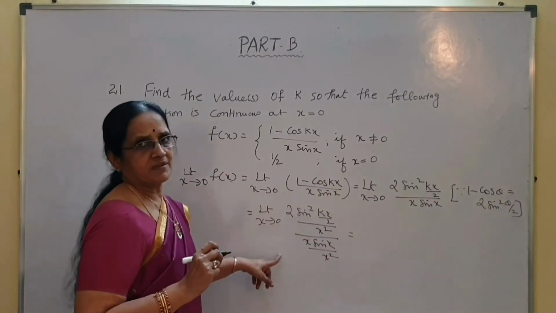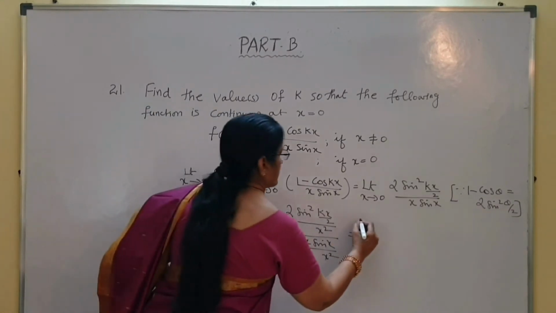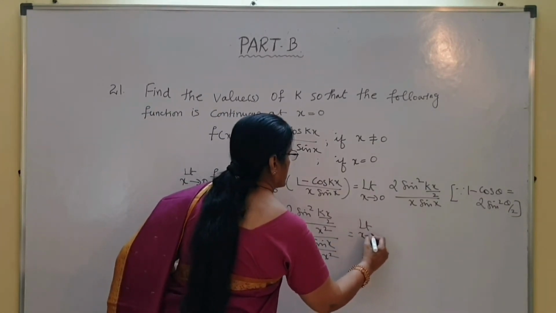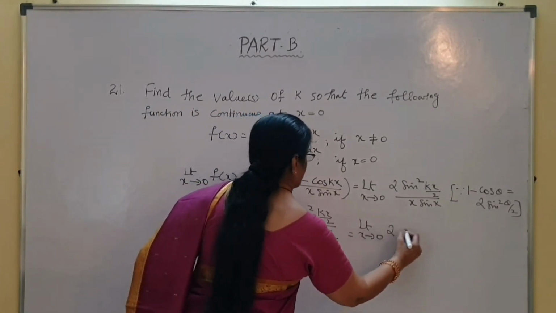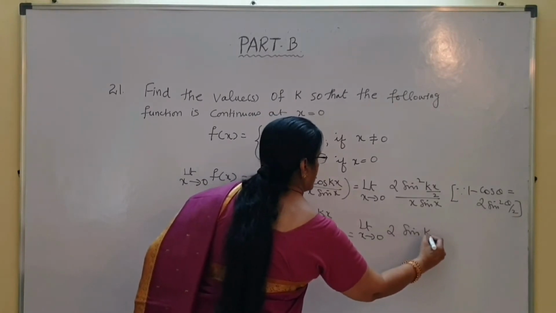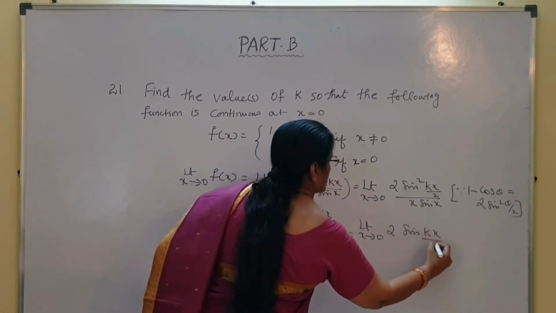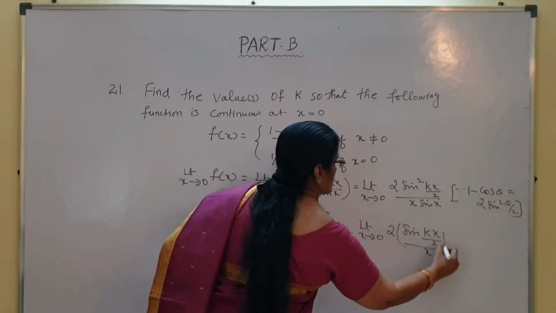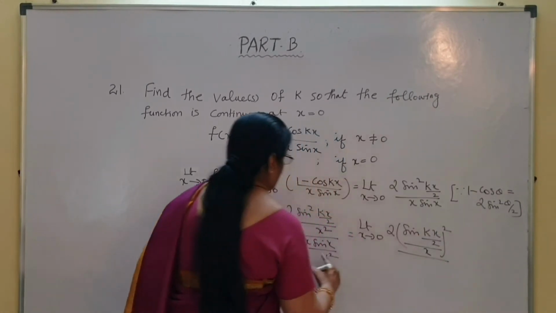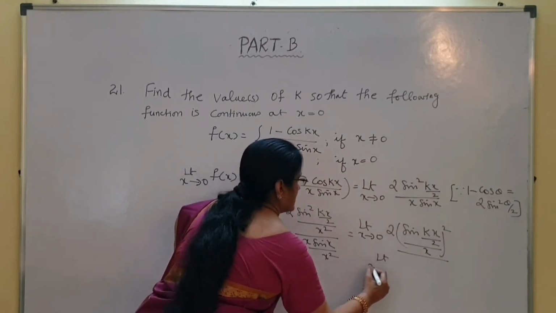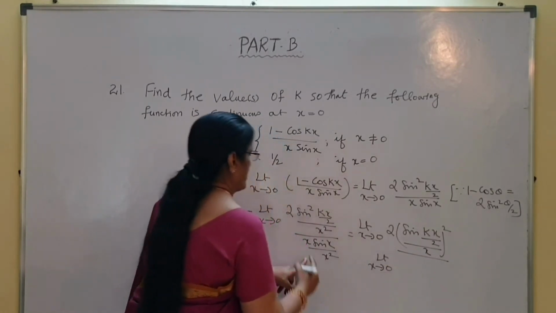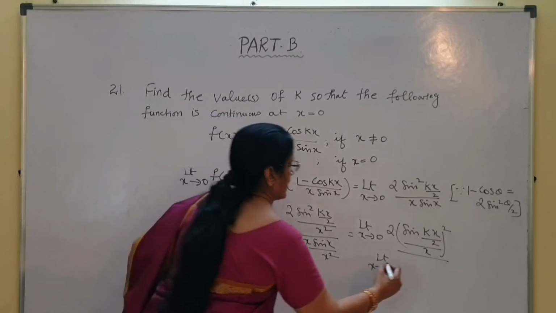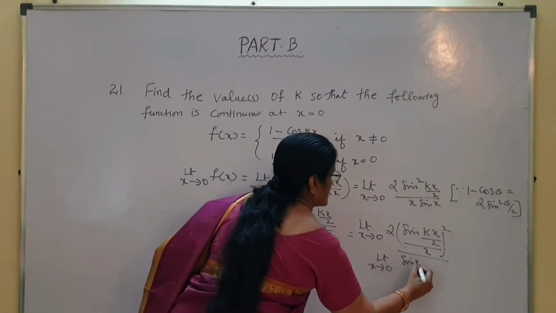Again I am going to make some adjustments over here. This is limit x tends to 0, 2 sin kx by 2 by x the whole square, by, this is limit x tends to 0, x and x will get cancelled. I will be having sin x by x.